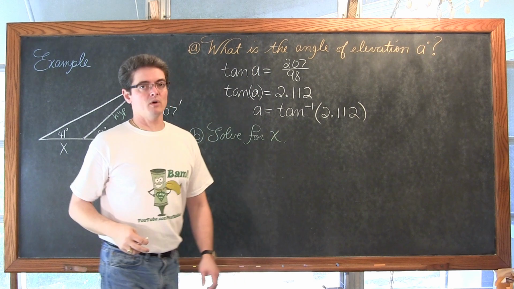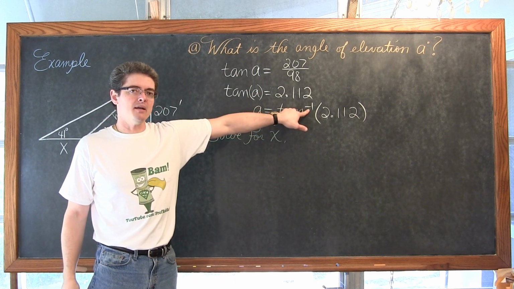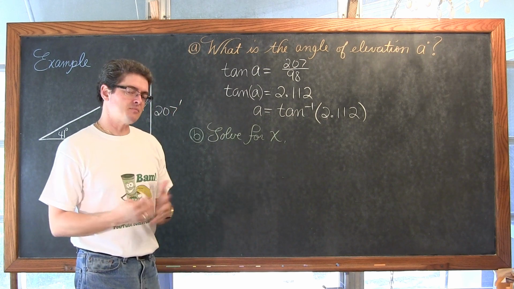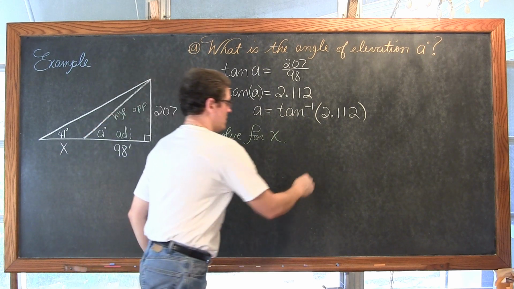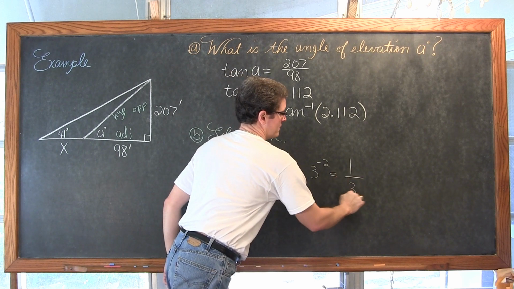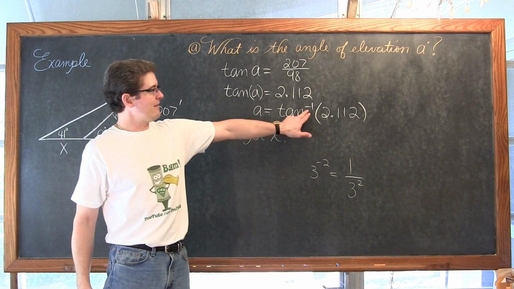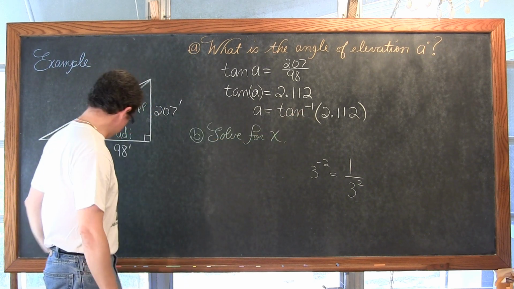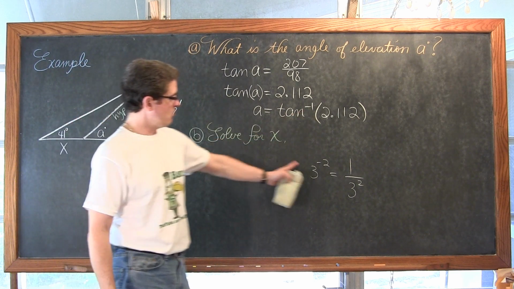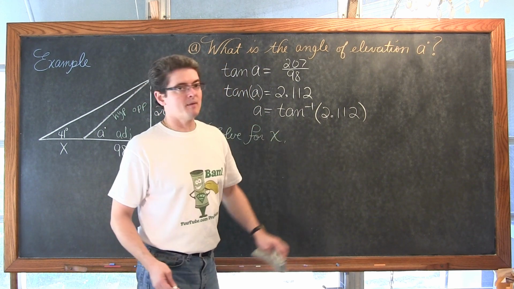of 2.112. So this little negative 1 on your calculator, if you've studied negative exponents, you know that something like 3 to the negative 2 is equal to 1 over 3 squared, and that becomes 1 over 9. Well, when you talk about functions, this little negative 1 in the exponent does not mean I want to find the reciprocal. It is an inverse math operation.